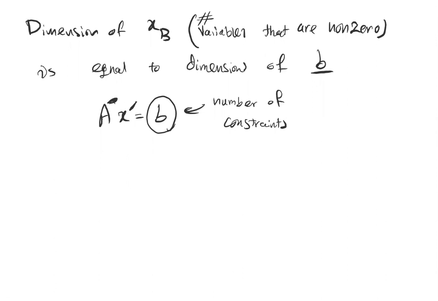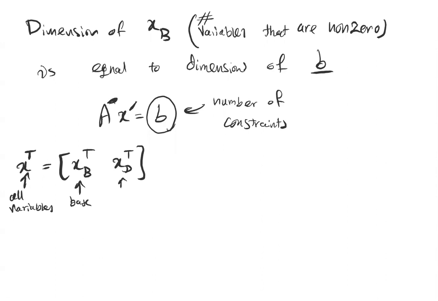All right, I'm dividing the vector of variables. Let's say the vector of variables is x transpose. This is all variables. I'm going to break it into two components, base and non-base. So we also have to break the coefficients for these variables in the objective function.